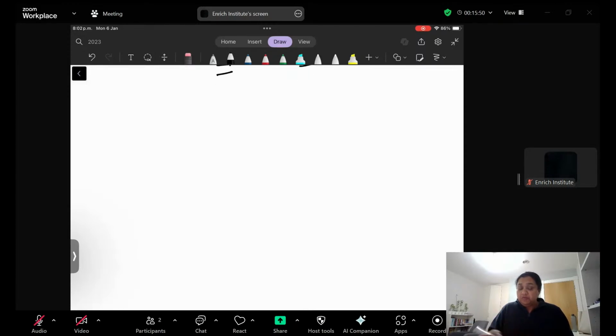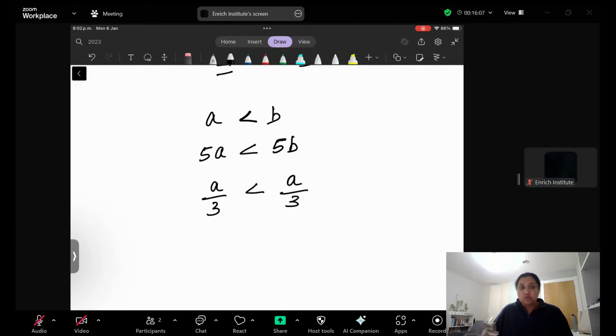Before we go into this, you have to understand that if a is less than b, and I multiply by the same number 5, then 5a will also be less than 5b. Or if I divide by the same number, that will also follow the same inequality. This is one small property which you have to understand.